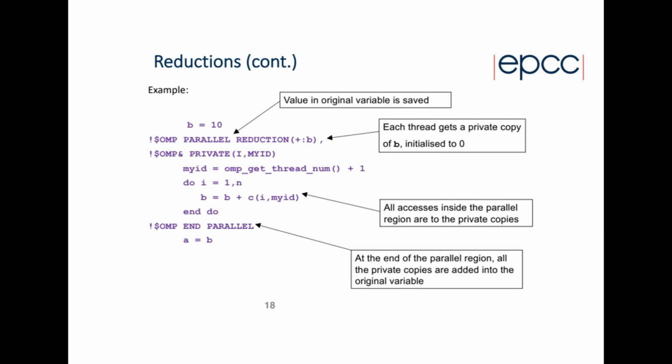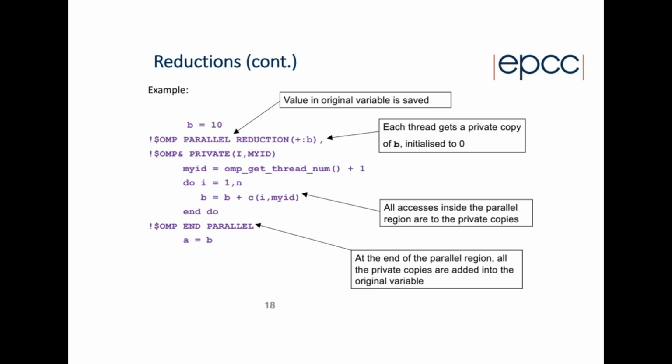Daniel asks, in this example, shouldn't the variables c and n be defined as shared? Aha, they are shared by default because there's no default none clause. I've been lazy. Is the directive case sensitive? In Fortran, no, you can have lowercase directives in Fortran.